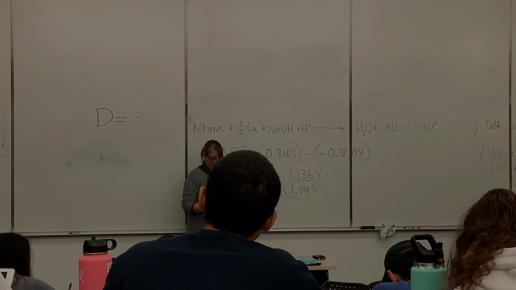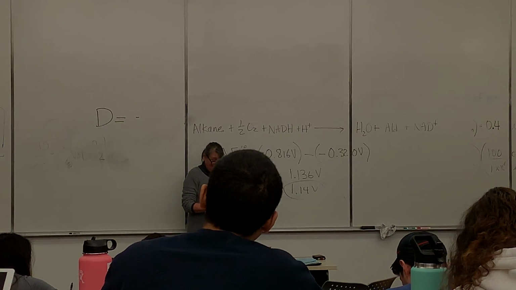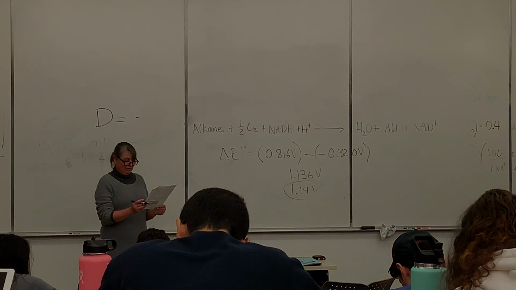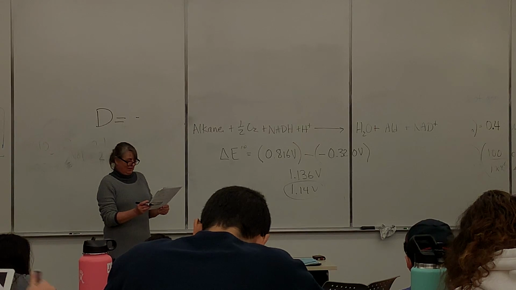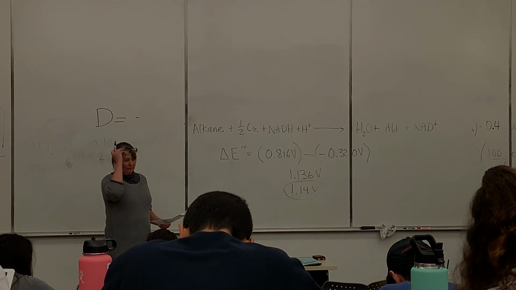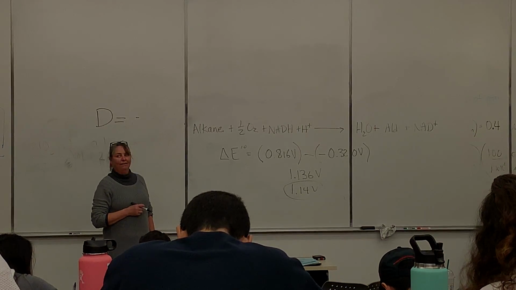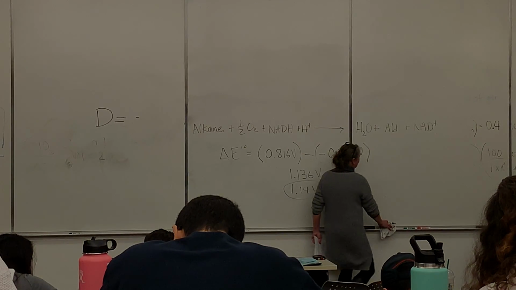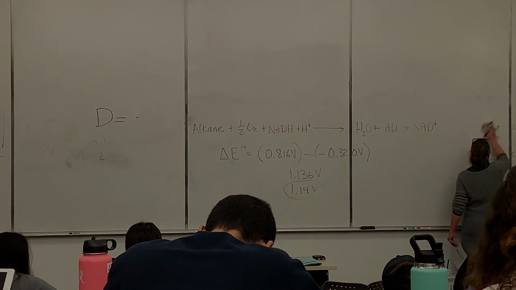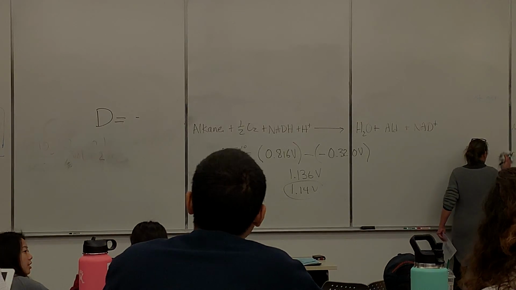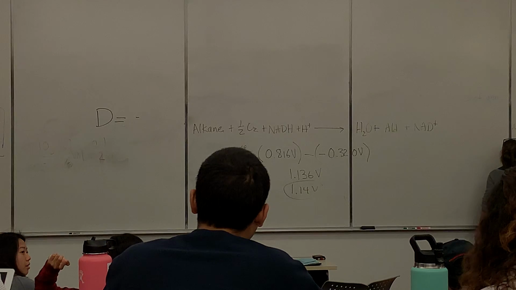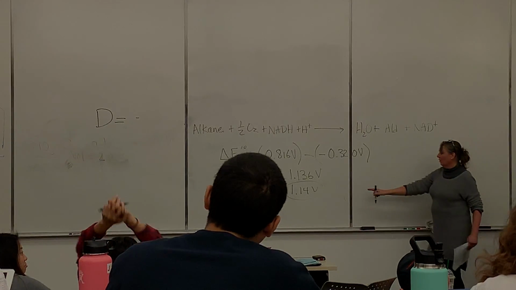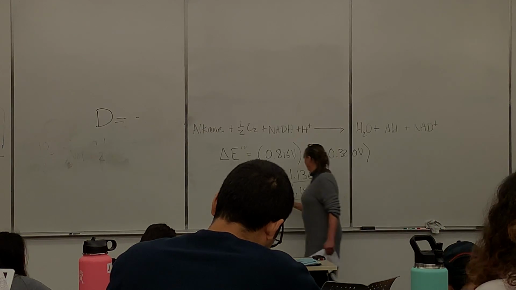The overall standard free energy change for this reaction when the alkane and aldehyde redox couple is negative 91 kilojoules per mole. And what is E naught of the alkane aldehyde redox couple? How do we solve that? What I would do is figure out what is delta G for this.